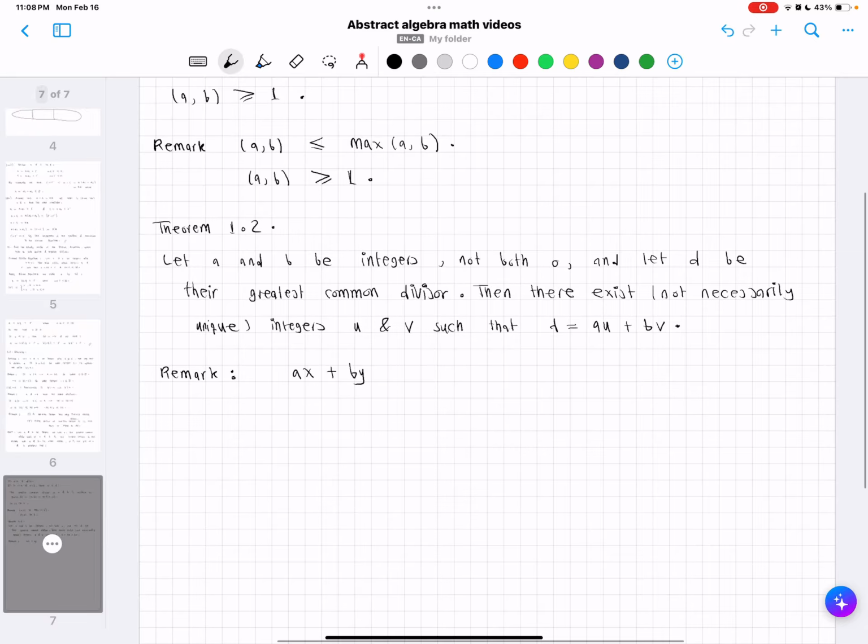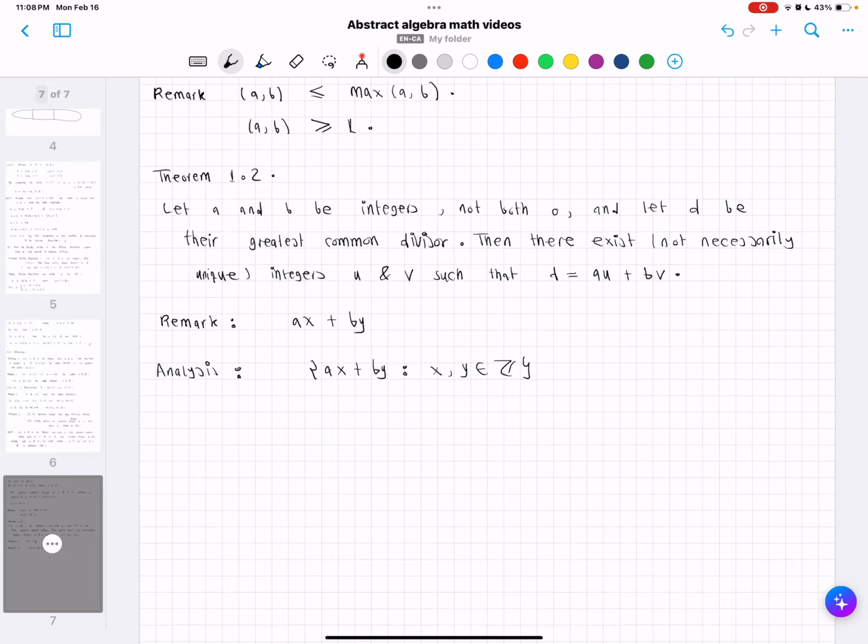So given integers a and b, we could just consider the following set ax plus by, where x and y are elements of Z. How I imagine that is, you're taking a, increasing or decreasing it by a certain amount of steps, and same thing with b, and we're adding the total steps to each other.